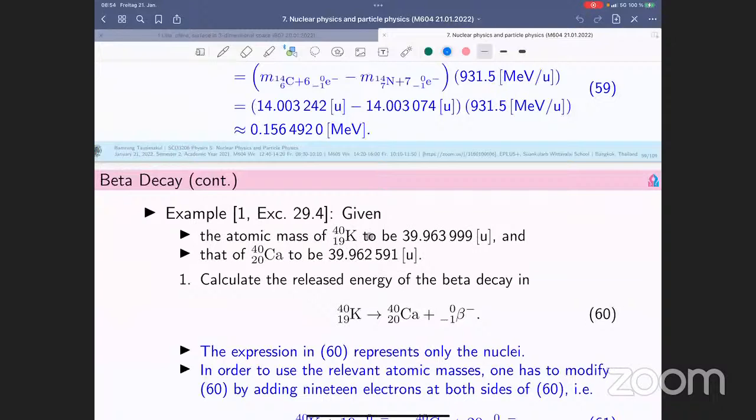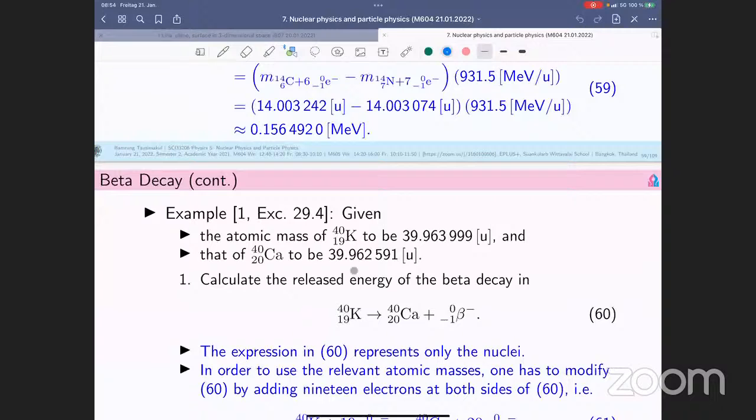The atomic mass of potassium 40 is 39.9 and so on, very close to 40 actually, but this is the result from the actual measurement. We need to rely on it, and we cannot say no to that.